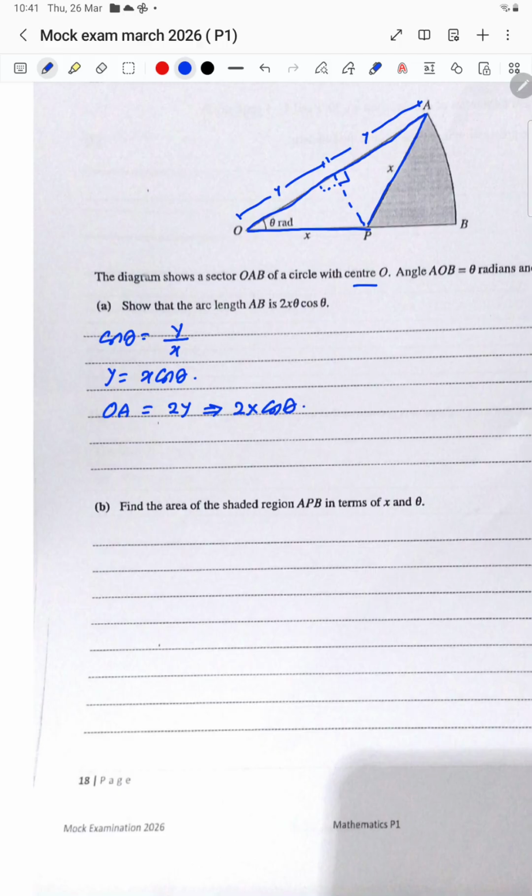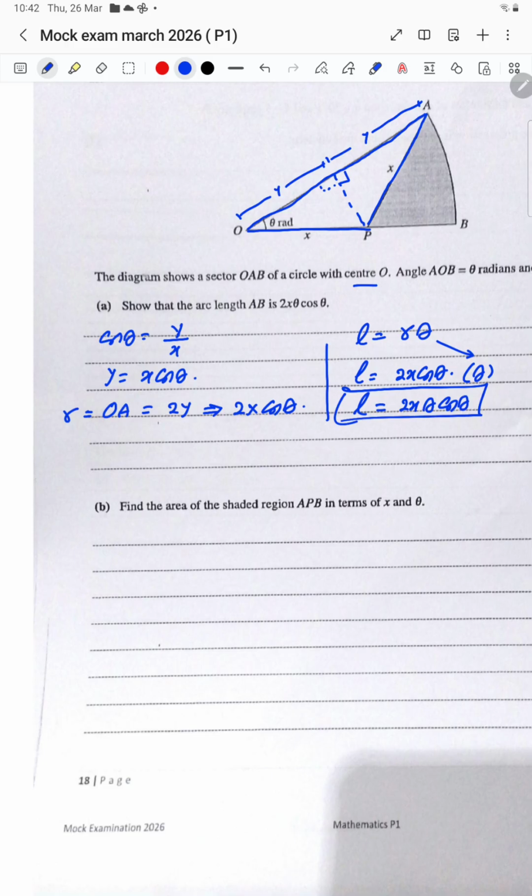So now the arc length, we know L is equal to r theta. OA is the r. So L is equal to r, which is 2x cos of theta, times theta. So I can have proved 2x theta cos of theta, that is the arc length. Hence proved. We have to prove this. So arc length of AB is this.